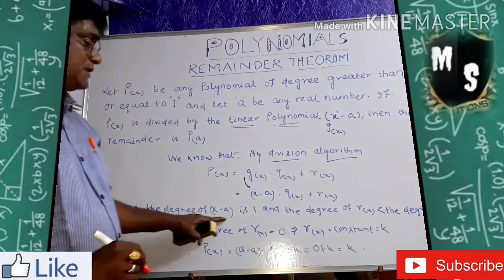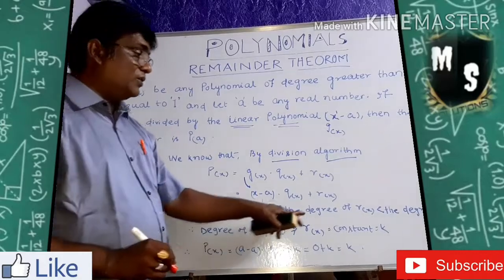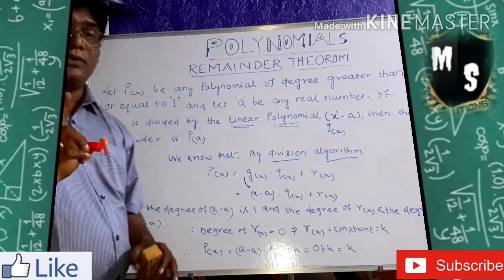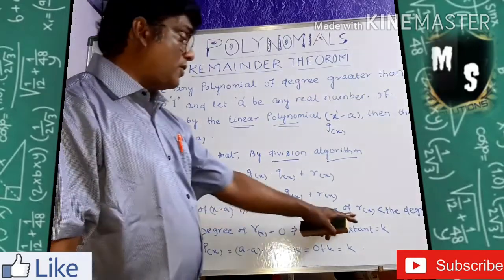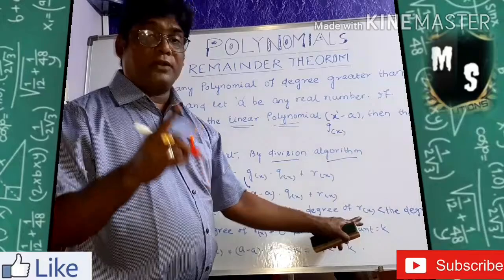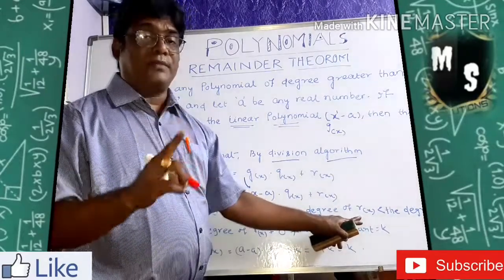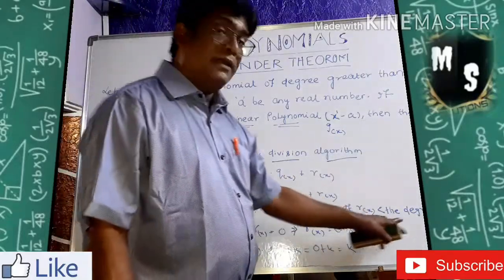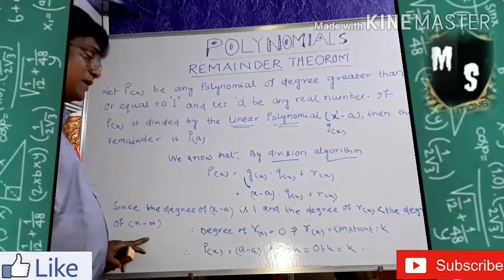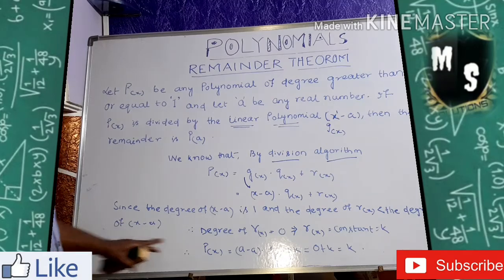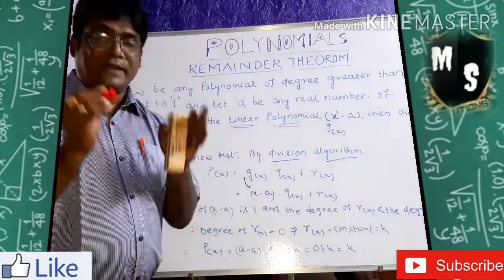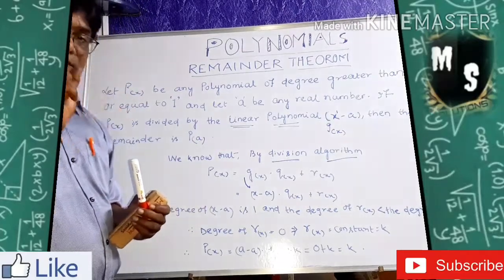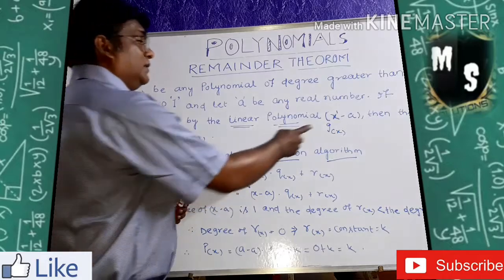Since the degree of x minus a is 1, and the degree of the remainder, definitely you have to understand this line. The polynomial which is coming under the remainder, the degree of that polynomial must be less than the degree of x minus a, that means gx. Rx, the remainder, there will be some polynomial coming, so that degree must be less than the divisor polynomial degree.